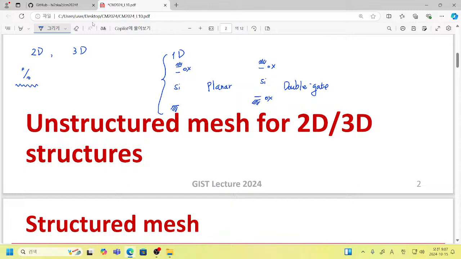People sometimes say it this way. Okay, this is our nanosheet, this is the cross section, and this is the width of our nanosheet. And of course, here we have the third direction, which is not shown in this two-dimensional case. This is the channel direction.